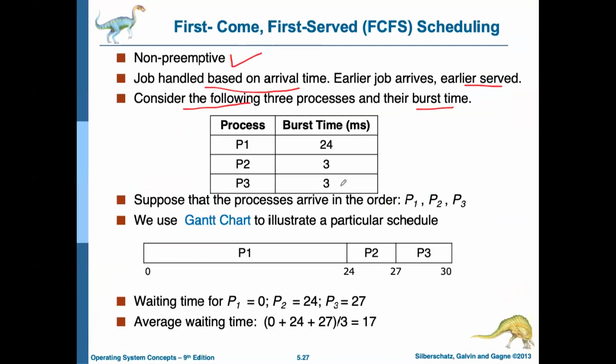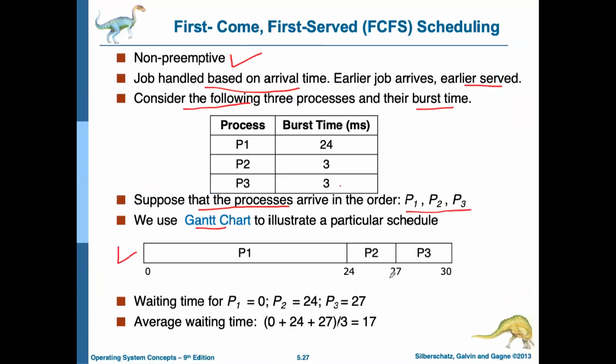Suppose the processes arrive in the order P1, P2, and P3. We use a Gantt chart to illustrate a particular schedule. This is the schedule: 24, 27, and 30.